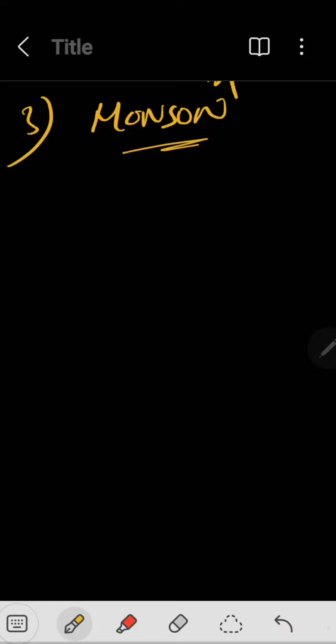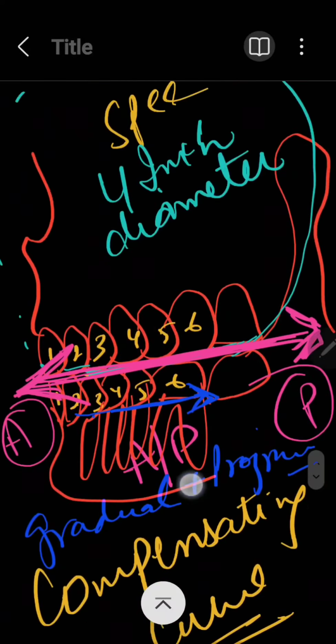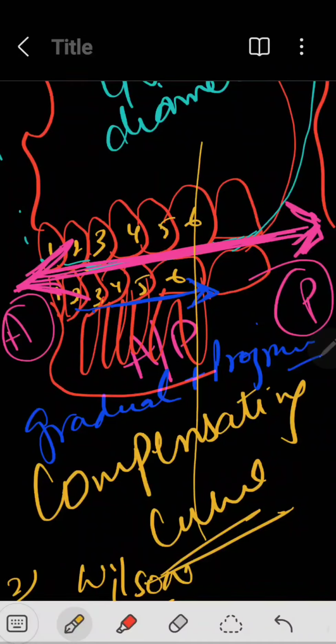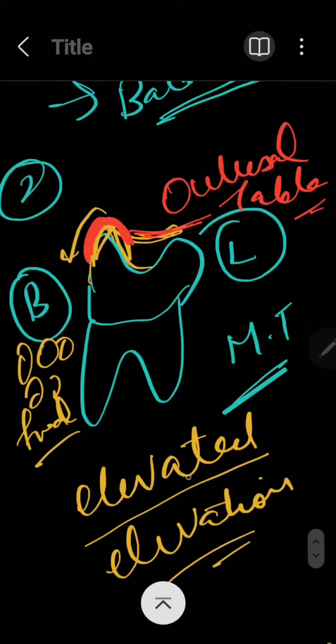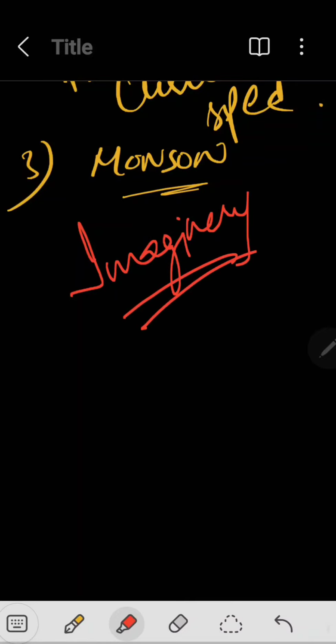The curve of Monson is obtained if we extend both the curves anteroposteriorly and mesiodistally, so it will pass through all the cusps and incisal edges. As we all know, all the curves which we have been describing are imaginary. They are not already available in the oral cavity.